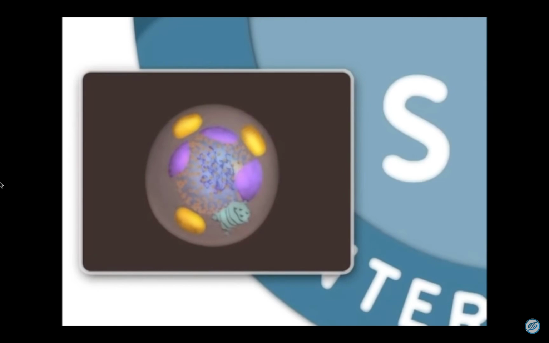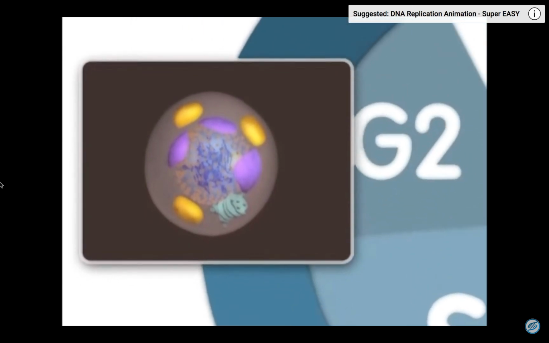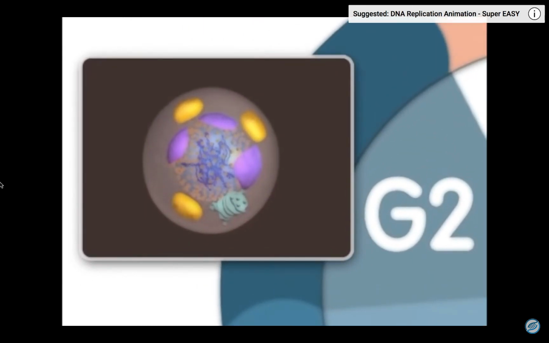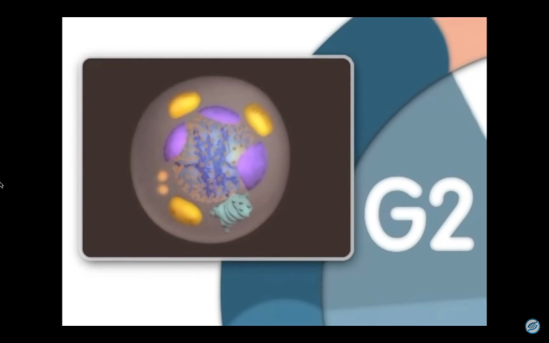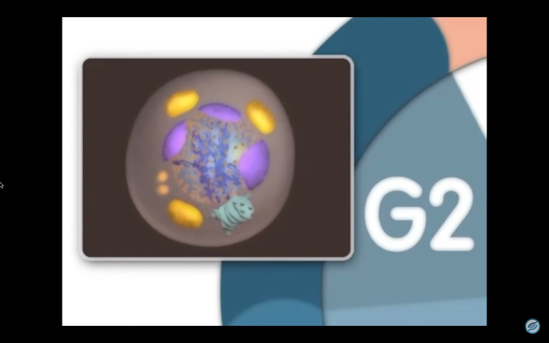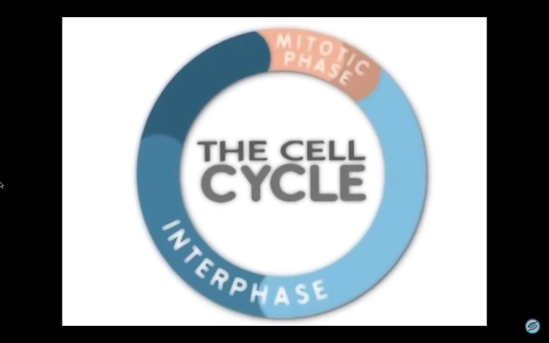This is an important stage because it is during the S phase that DNA in the nucleus is replicated. The cell next enters another growth stage called G2, or gap 2. It is during G2 that the cell finishes growing. Once the cell has duplicated DNA in the nucleus and two centrosomes have appeared in the cytoplasm, mitosis can begin.